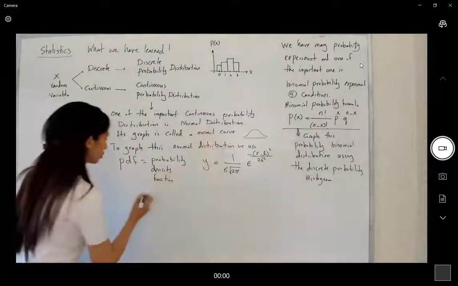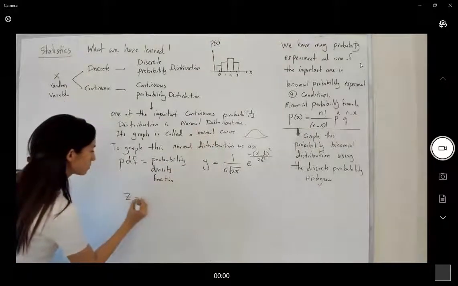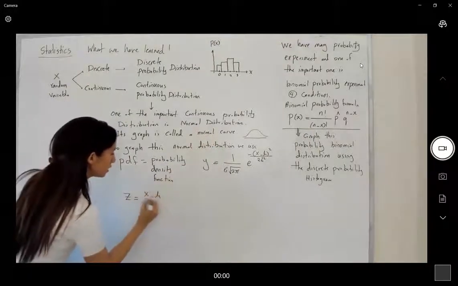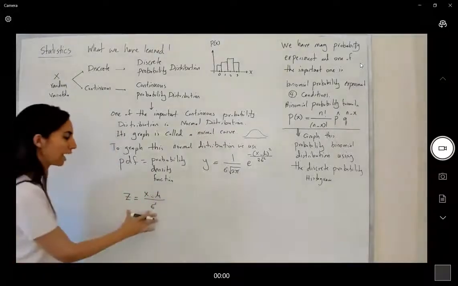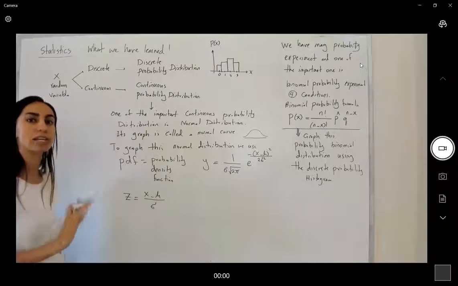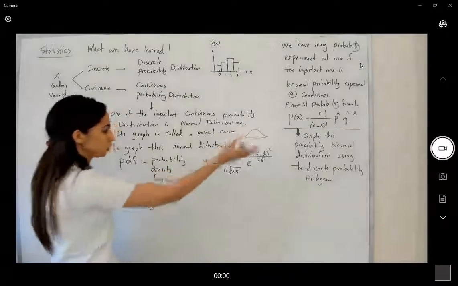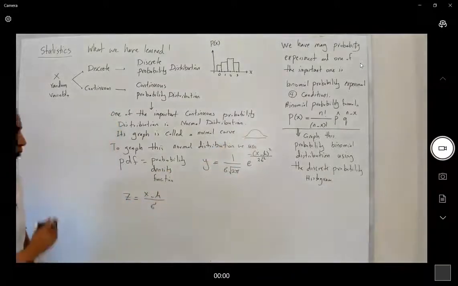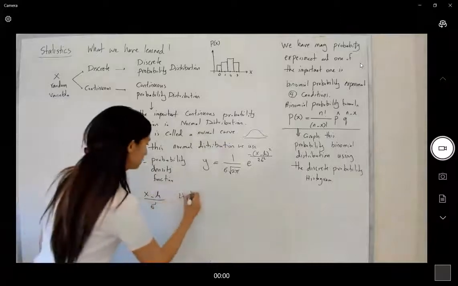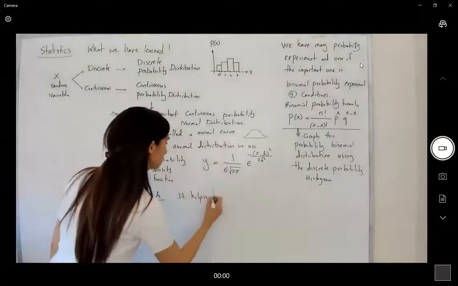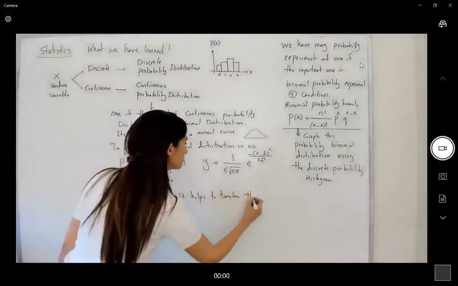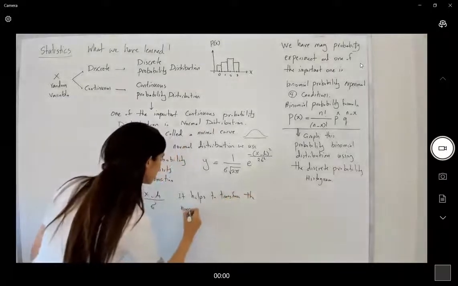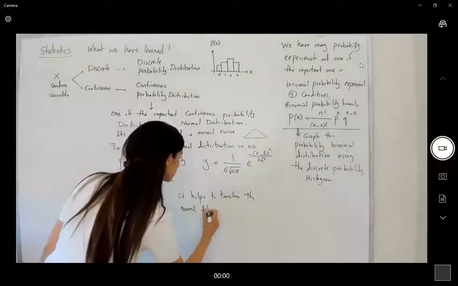After that, we introduced z, x minus mean divided by standard deviation. It helps us to transform a normal distribution into a standard normal distribution.